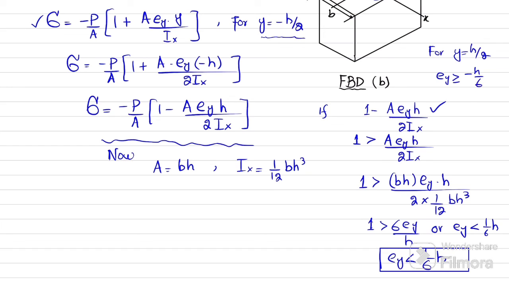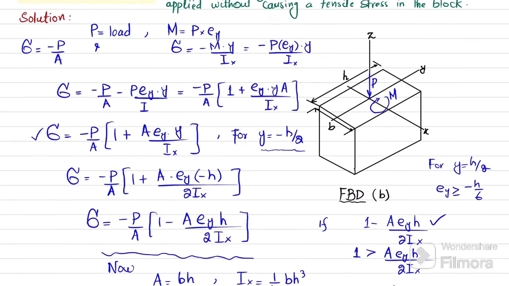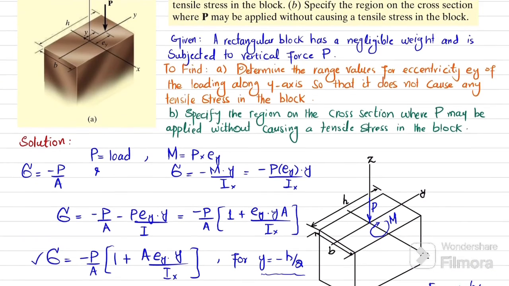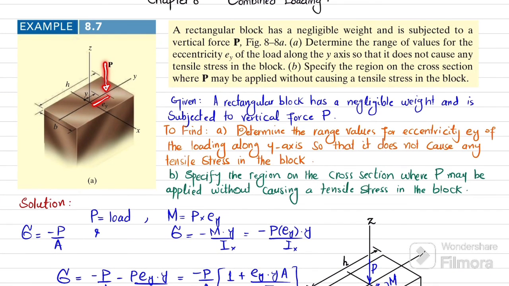So this is the range for e_y. e_y should be less than or equal to 1 over 6 H, which we get from here, and e_y is greater than or equal to minus 1 over 6 H. So if you put the e_y distance in this range for this load P, whether you move it toward the positive or negative side, clear?